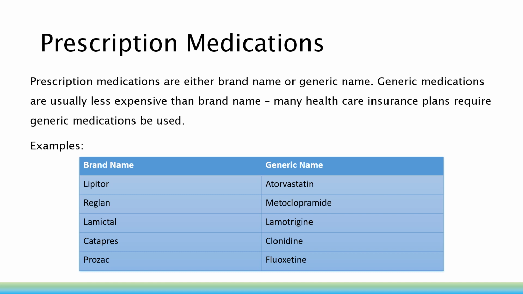You will see a spot on the prescription that allows the prescriber to check dispense as written. If that is checked, the prescription or RX must be written for the brand name, and the client should only receive the brand name. Over-the-counter medicines commonly come in generic versions as well.